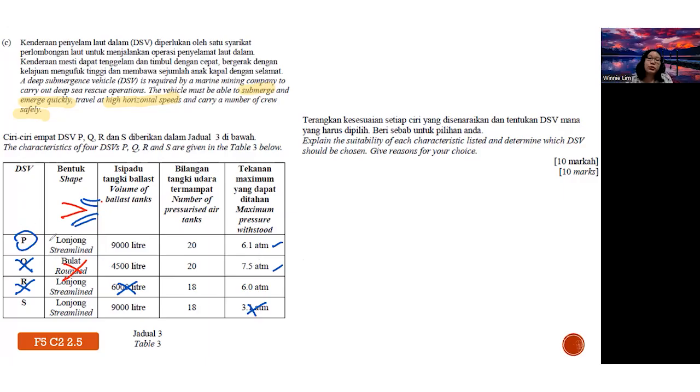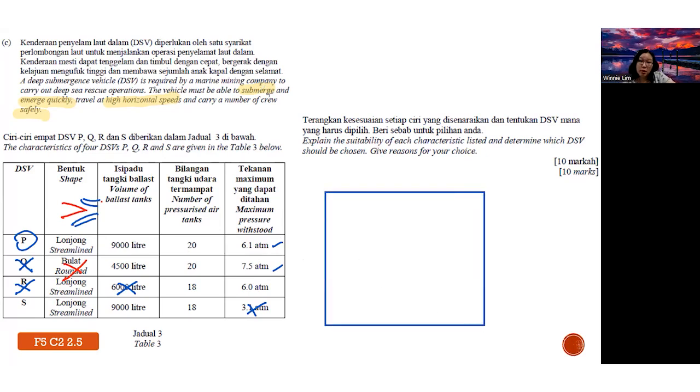So once you choose the best choice, then again, for this type of questions, you need to construct a table, understand? With two columns, the left column is the specification and the right column is the explanation. So you just state only, okay, streamlined.